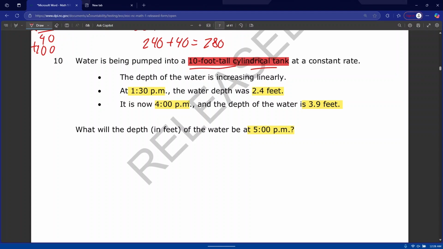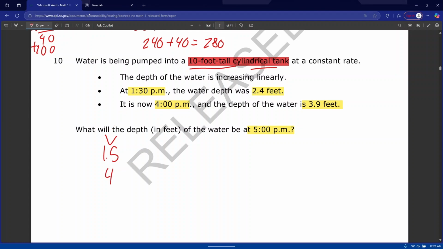For this problem, we need to find the slope or rate of change and the y-intercept. Okay, so we can translate the time into x and y values. So 1:30 p.m. actually translates into 1.5. And 4 p.m. easily translates into 4.